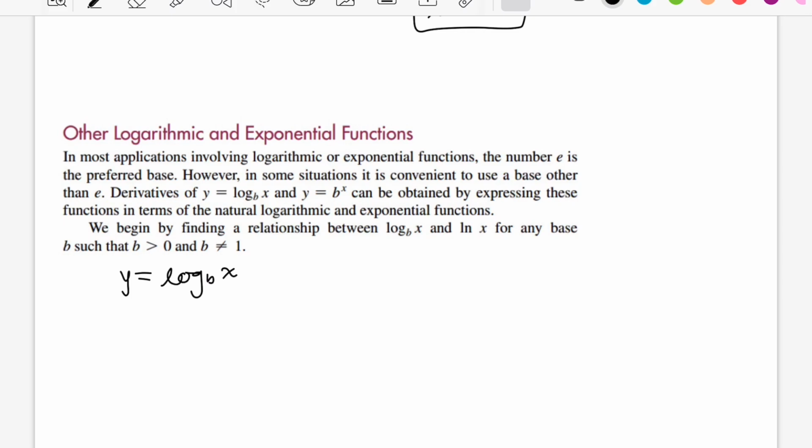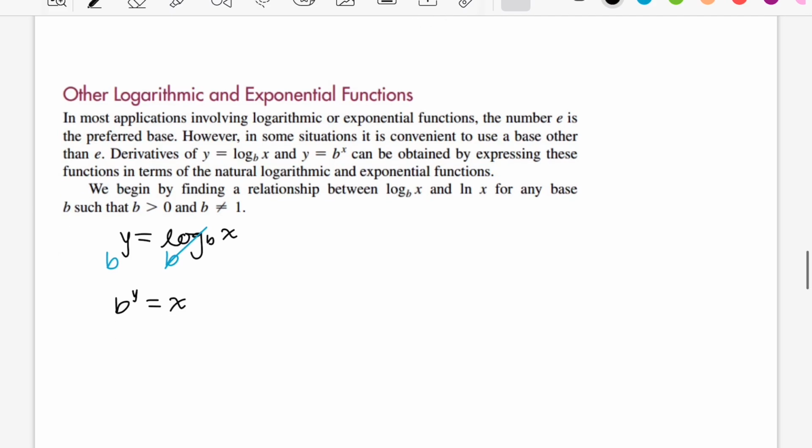Well, we know that if we take this to base b on both sides, these will cancel. We saw this in section 1.6. So we get b to the power y is equal to x.